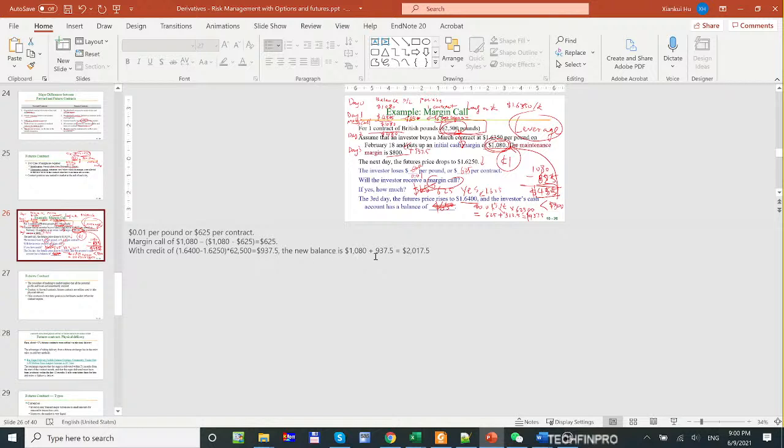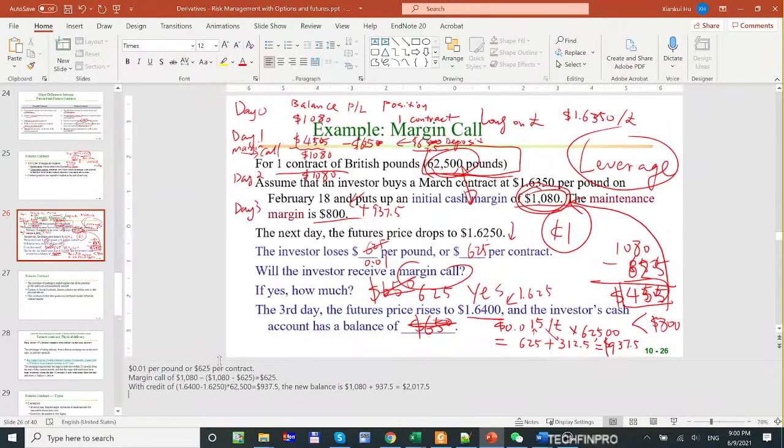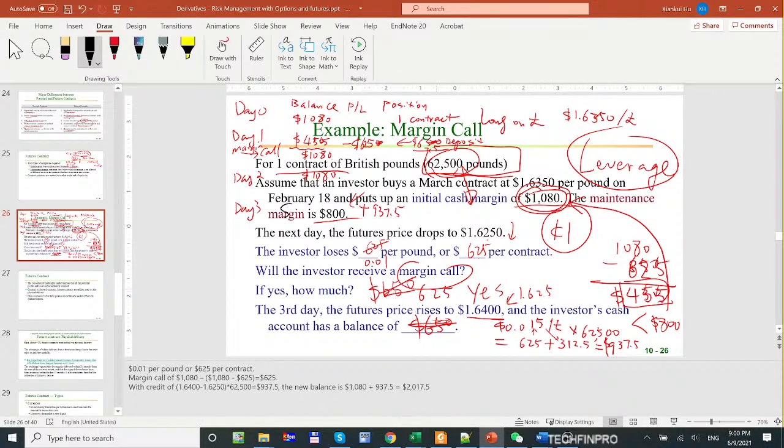So with your gain of 937.5, your account balance would be 2017.5. Okay, these two together. Okay, so that's how this margin call and the mark to market works.